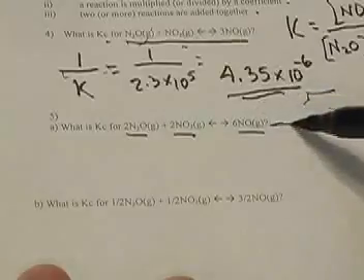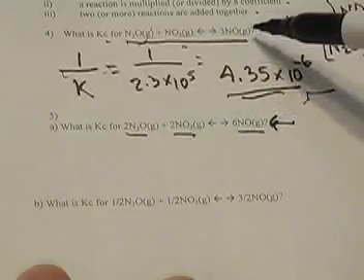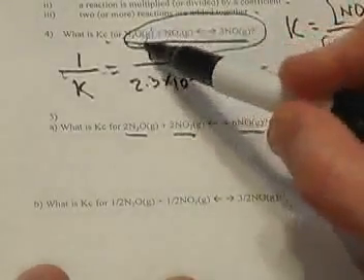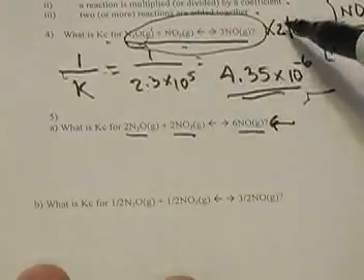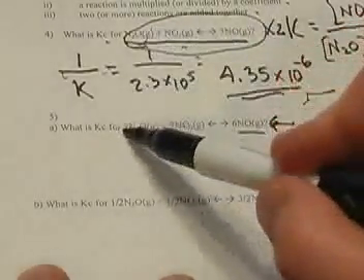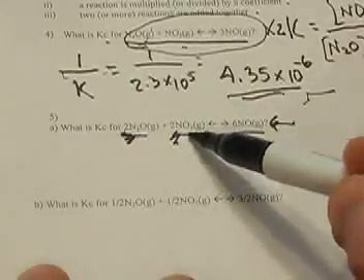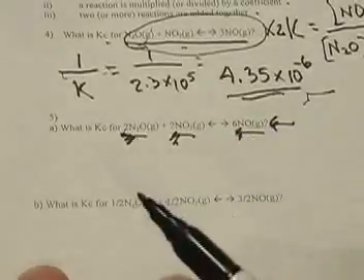What has happened to gain this reaction versus the one up above? Well, what we've done is we've taken this reaction up above and multiplied it by 2, putting a 2 in front of the N2O, a 2 in front of the NO2, and now we have 3 times 2, or 6, in front of the NO.